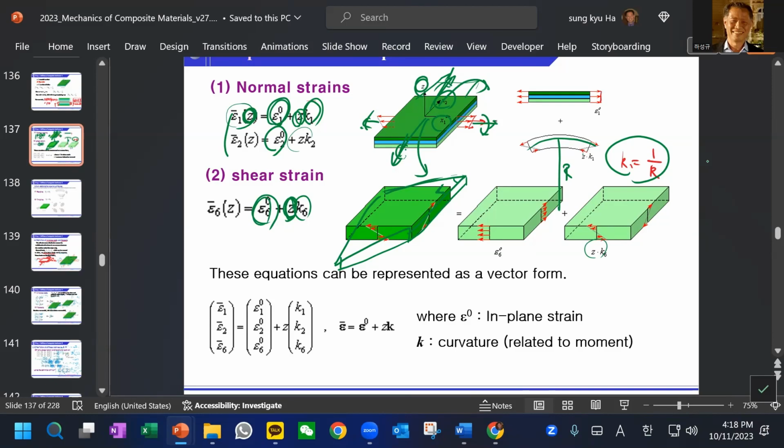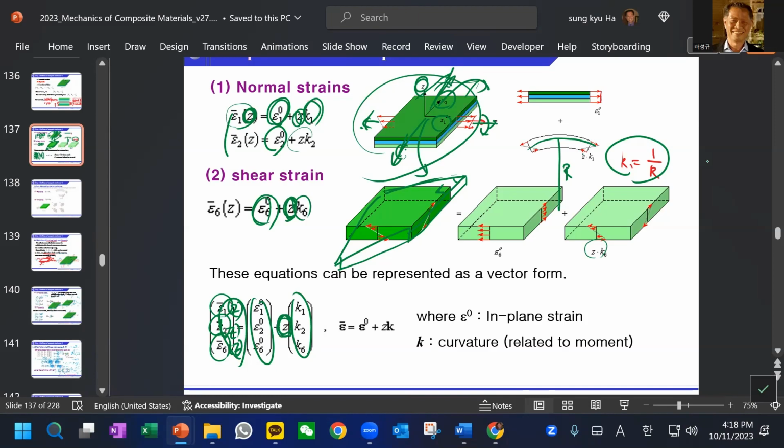So one laminate can deform, and the strain will be represented by the one directional, two directional and shear. These are three strains, with the uniform and curved parts, and there is a Z. So this is a function of Z. Z means each ply, so whatever ply dependency will be represented by this Z coordinate.